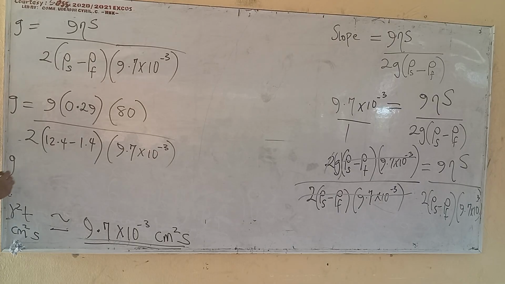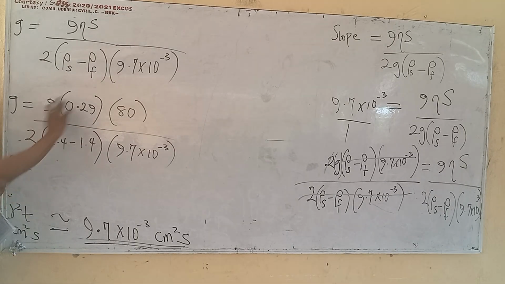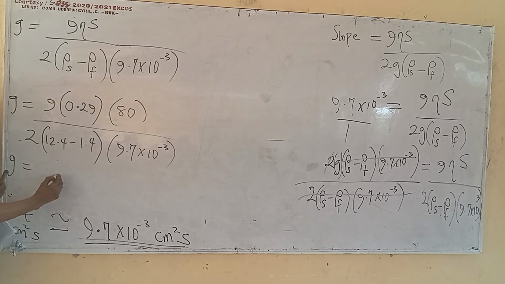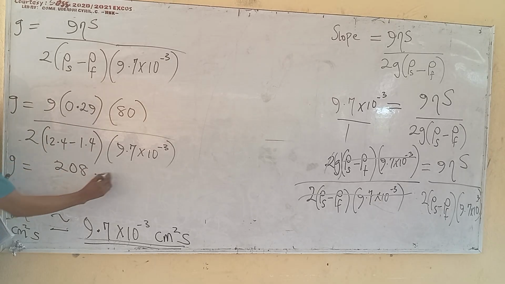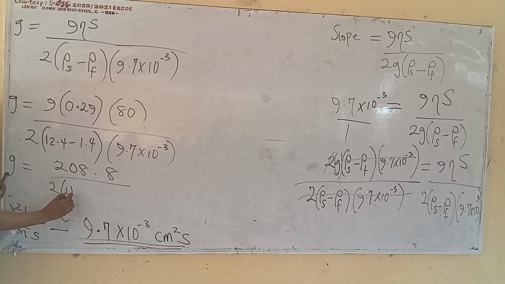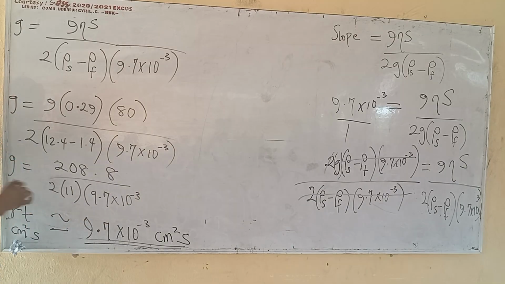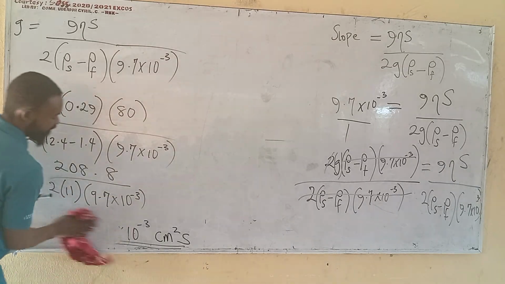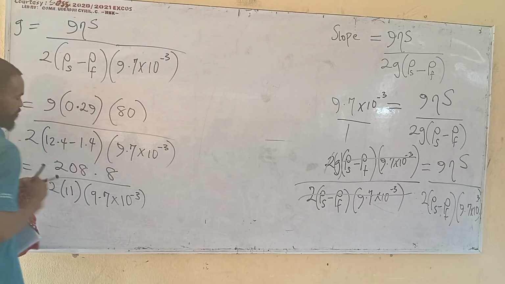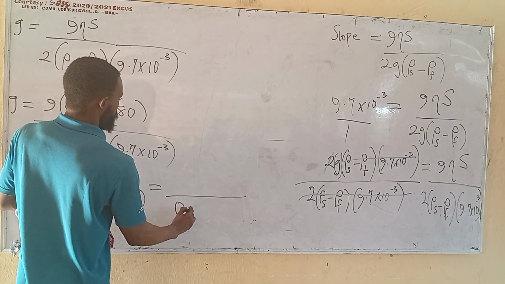So that I now have g equals, I have 208.8 all over 2 times 11, should be? Yes. Okay, then times 9.7 times 10 raised to the power minus 3. 0.2134. That is it. 2 times 11 times, is it? Yes. You got 0.2134.